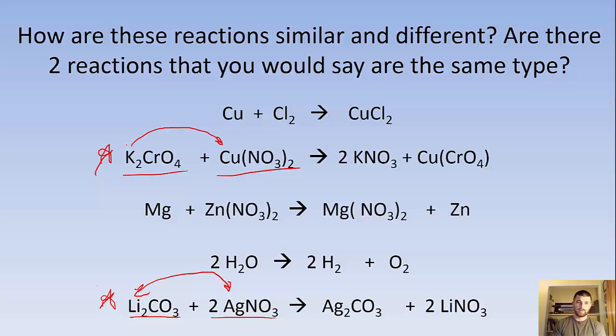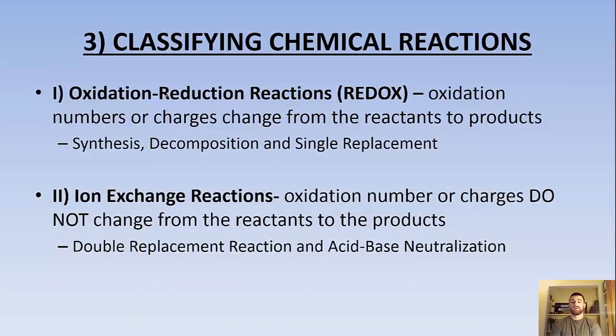All right, so we're going to be looking at chemical equations and seeing similarities and differences between the types of reactions. So as I said, there are two major types, two very general categories. They can be redox reactions, which is really the combination of two words, reduction and oxidation, which you may remember from previous units.